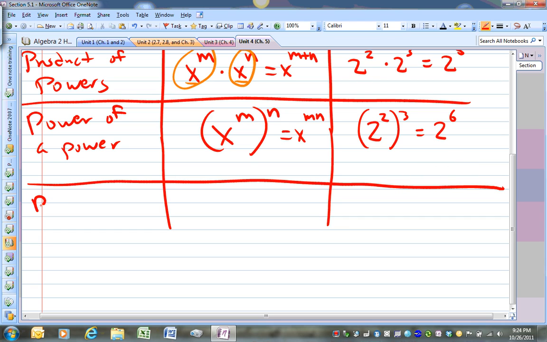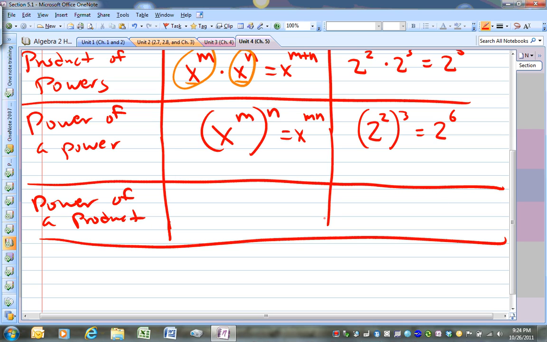Next will be power of a product. And the way that works, if you have two numbers being multiplied together like a and b, and you raise that product to a power like m, it's like you can distribute that exponent to both a and b.